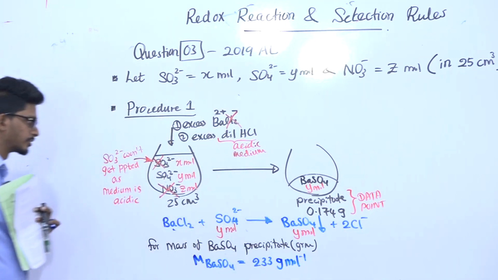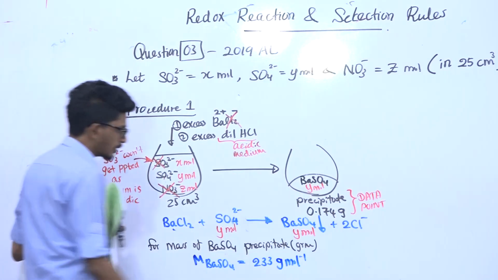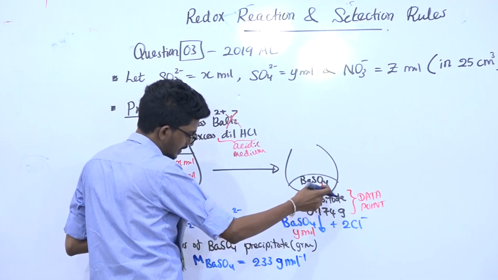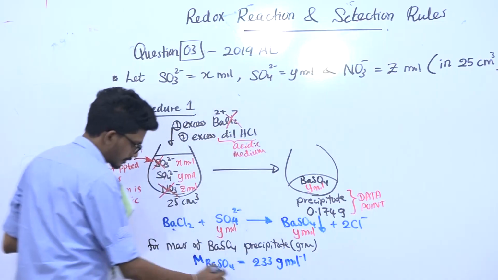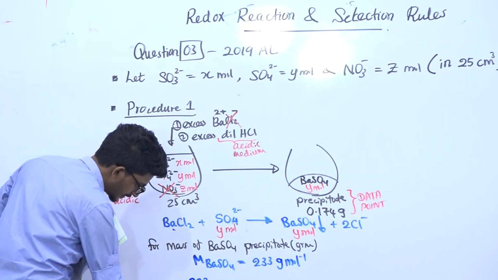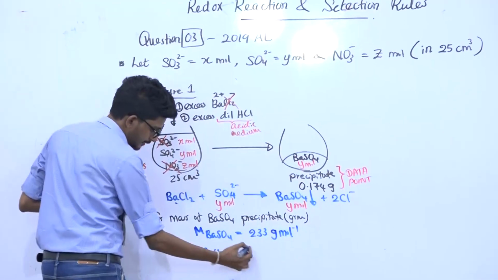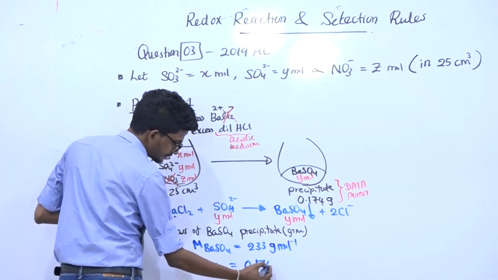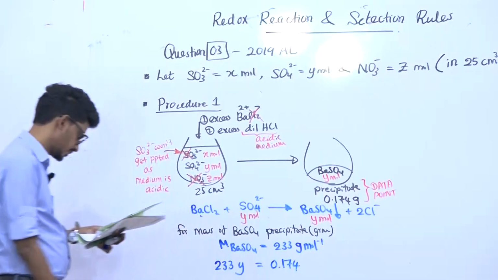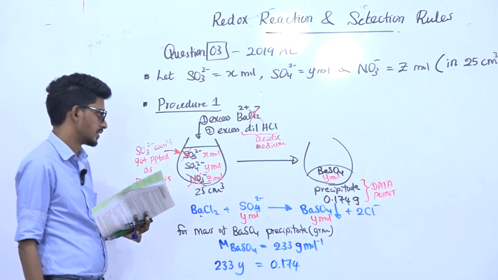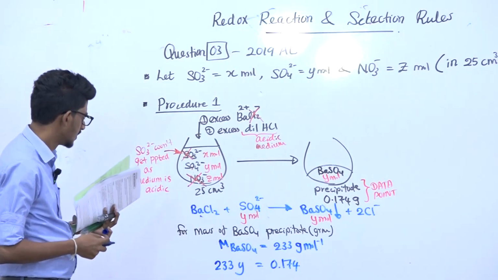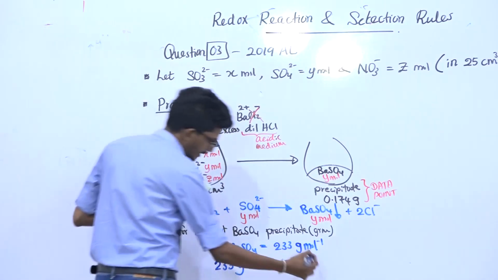So its mass in terms of y is the g mol minus 1 value multiplied with moles to come up with grams. So that is going to be 233 times y, equal to this data point, 0.174. Right? So this is the first simultaneous equation.